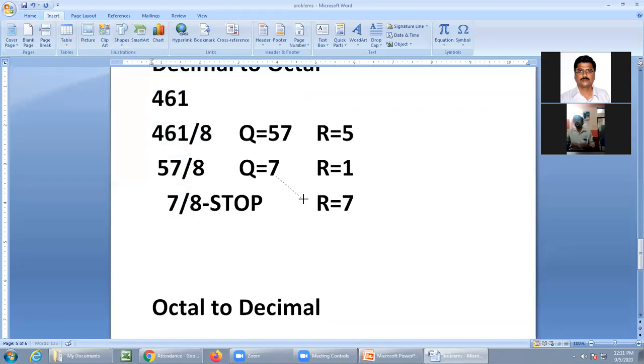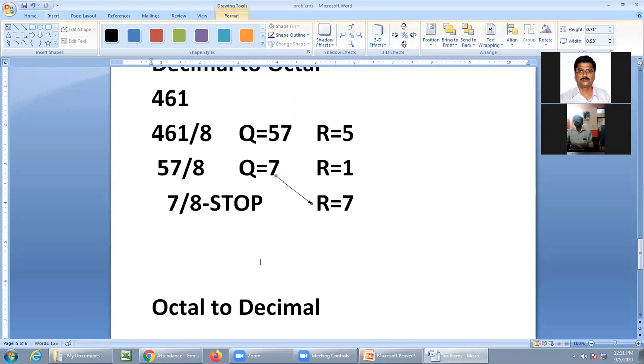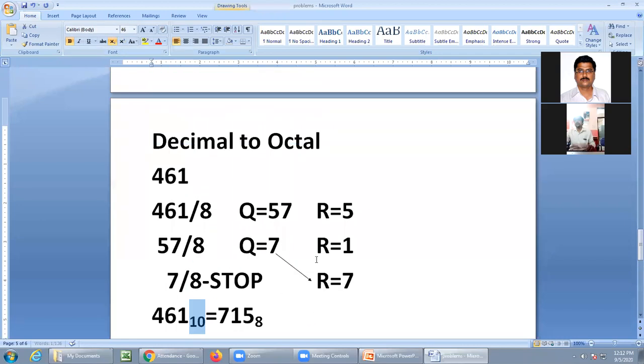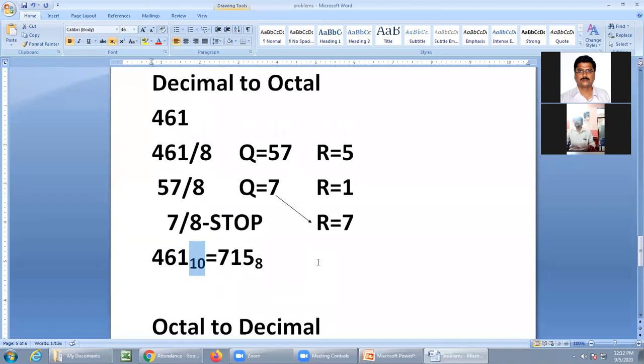So now reading from the bottom, the value will be 715. So the decimal number 461 is equal to 715 in base 8. In this way, you will convert a decimal to an octal number.